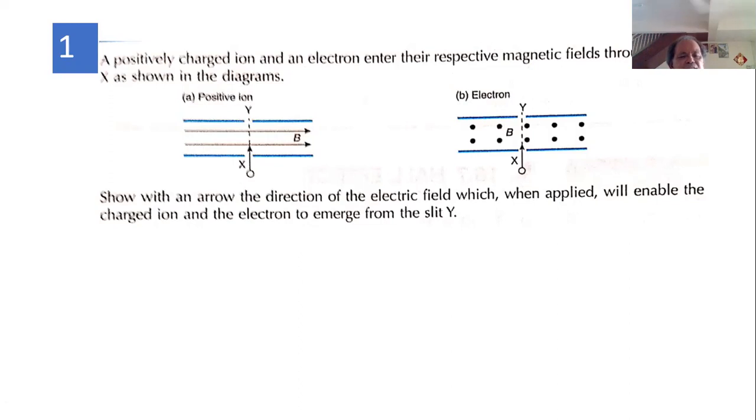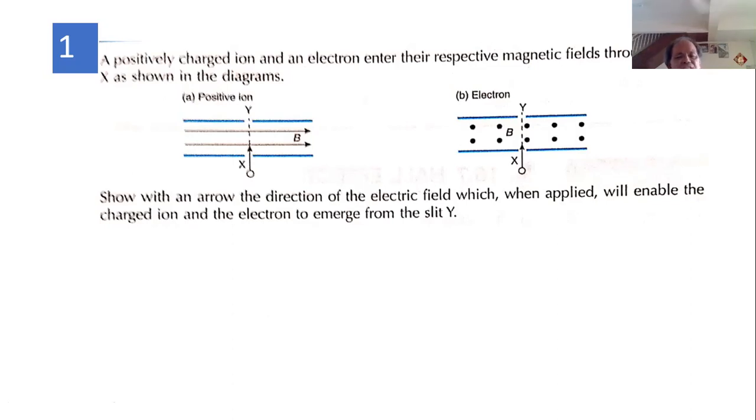First, determine where is the force on the positive ion for A. The magnetic field is the one going to the right. So electric field means you will be opposite direction, so to the left, right? You have to determine the magnetic force first.